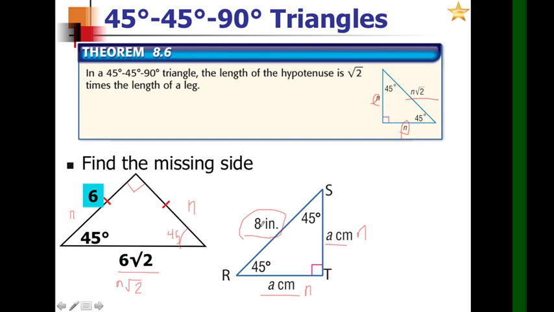So first, to get the n of this, let's simplify our given. So let's try this. So let's have 8 equals n square root of 2. Right?